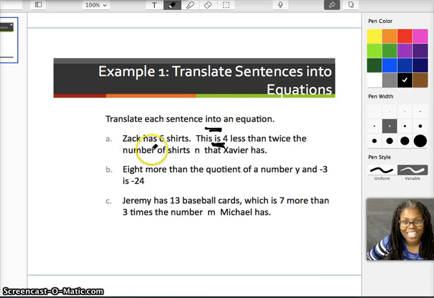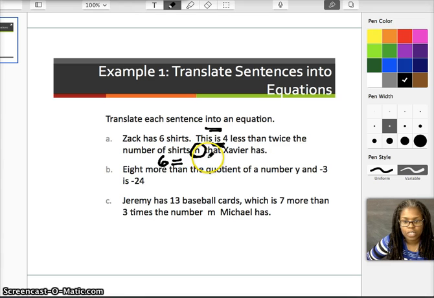So here it says Zach has 6 shirts. So 6 is in our equation, and it says this is, what are we referring to? We're referring to Zach's 6 shirts. So this equals 4 less than twice the number of shirts N that Xavier has. Now the number of shirts that Xavier has is being referred to as N. So 4 less than 2 times Xavier's shirts.